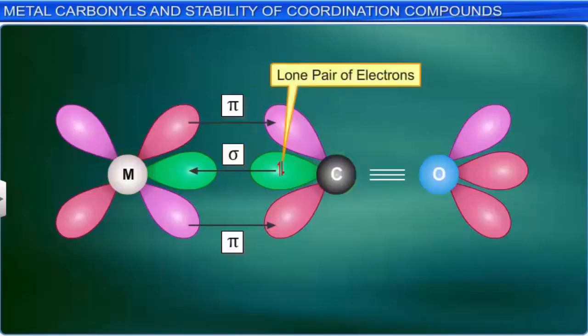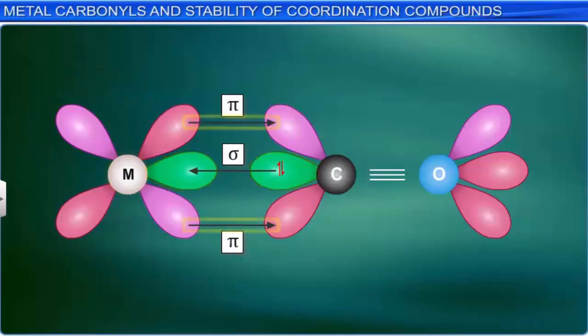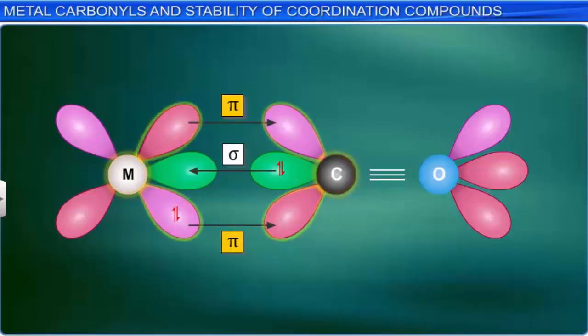This bond is a metal-to-carbon pi bond formed by the sideways overlap of a full dxy orbital of the metal with the empty antibonding pi star 2py orbital of the carbon of the CO molecule. This bonding creates a synergic effect that strengthens the bond between the CO molecule and the metal. The total bonding is, thus, M=C=O.